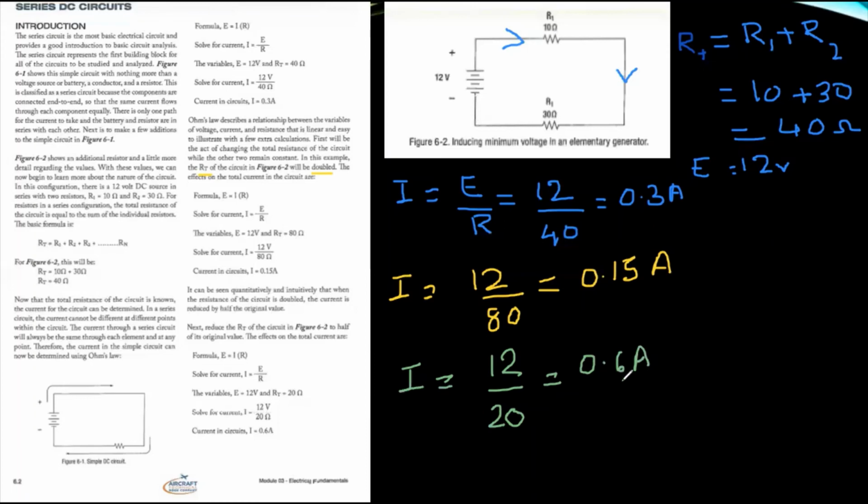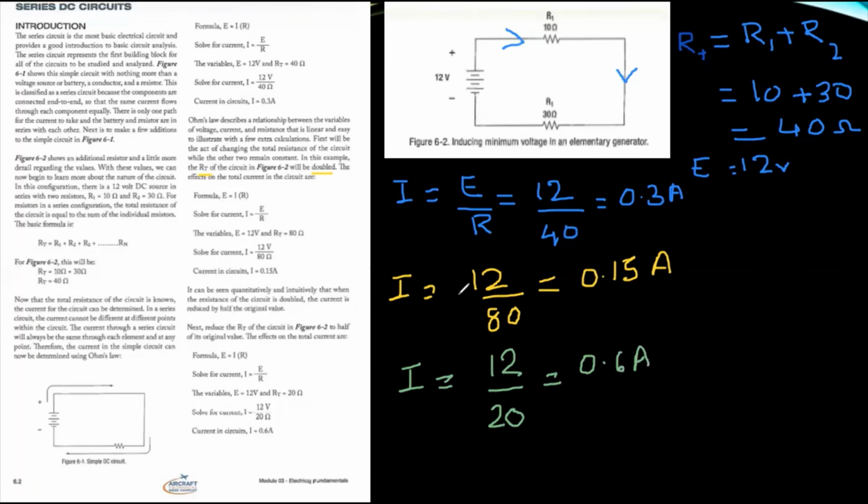0.6 means it is double the current value. So from this you can understand, when the resistance is reduced by half, the current will be double. And when the resistance is doubled, the current is reduced by half. These are the three cases explained here. In the first case, we are basically finding the current.